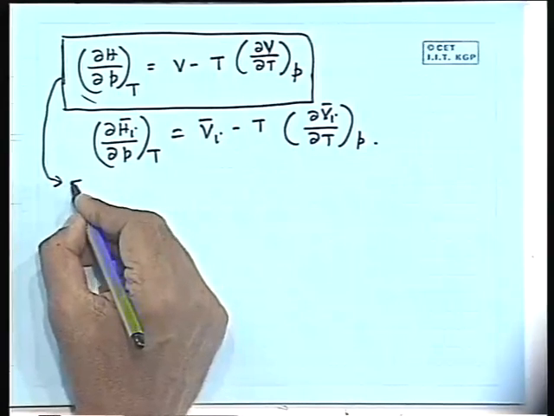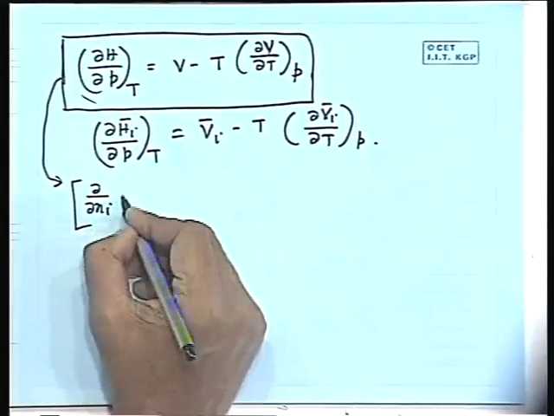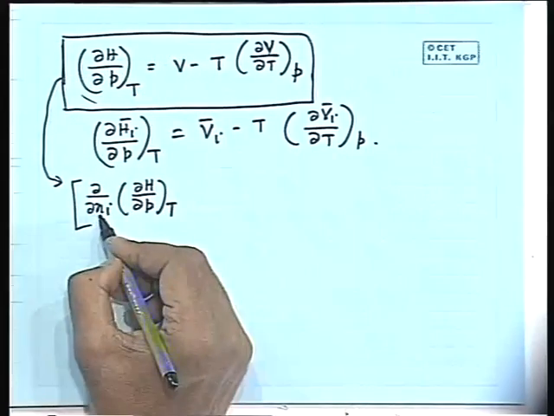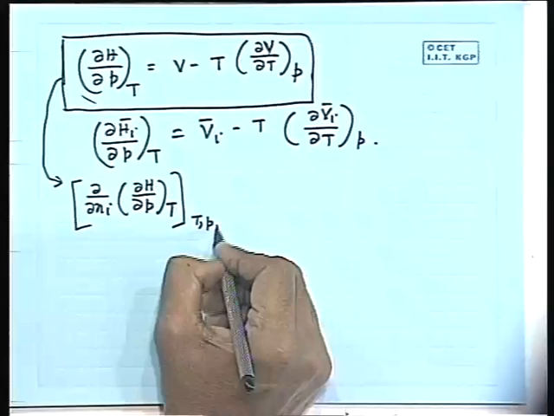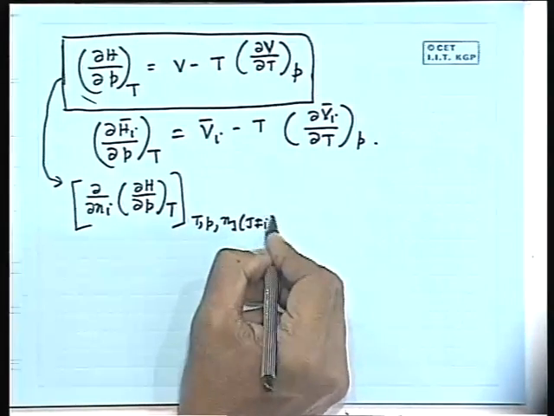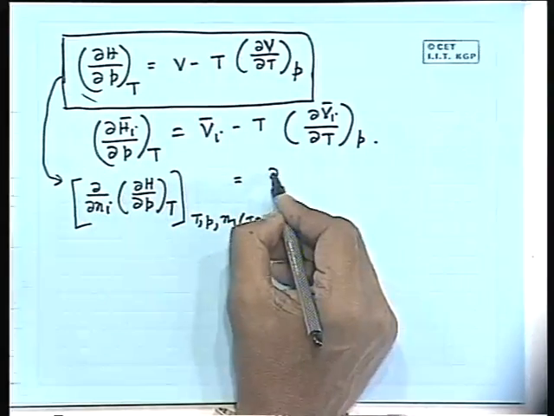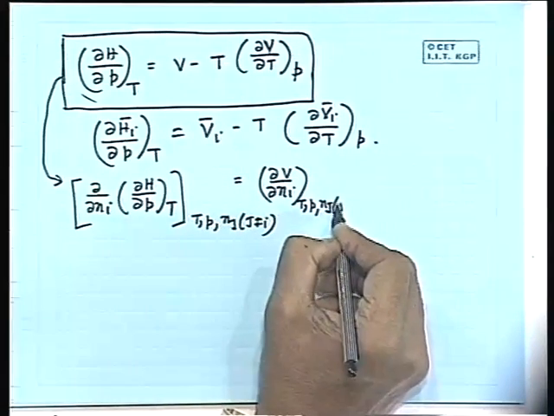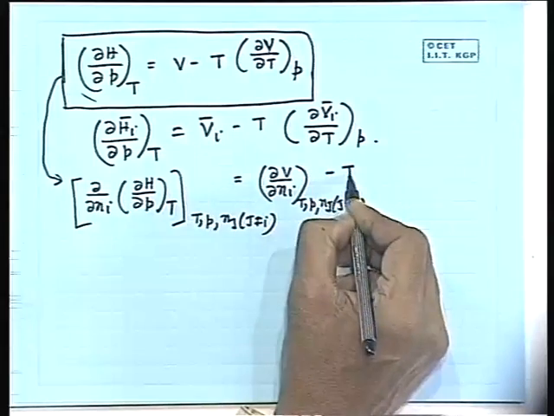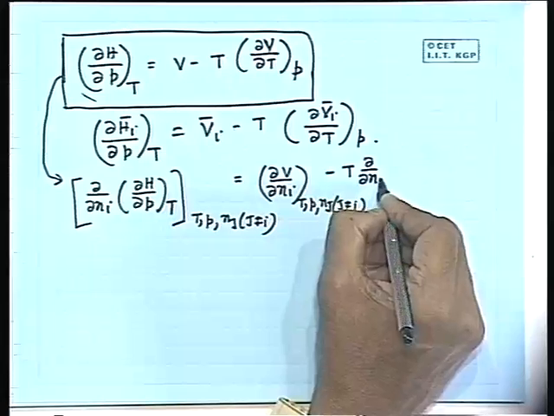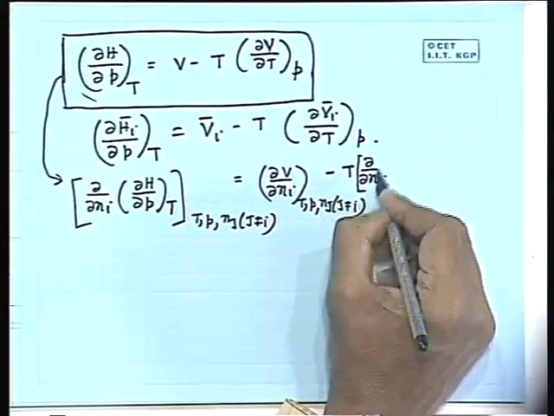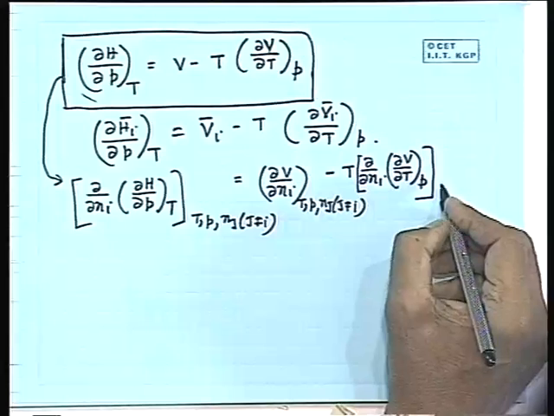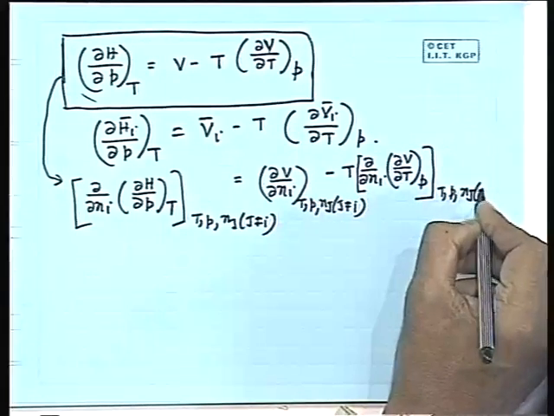That means we take del del Ni at constant T and P of this term, del H del P at constant T. That means this term we are differentiating with respect to Ni at constant T, P and Nj, j not equal to i, is equal to, now this side also we will differentiate del V del Ni with respect to Ni at constant T, P and Nj, j not equal to i, minus, at constant T and P, del del Ni of this term, del V del T at constant P, at constant T, P, Nj, j not equal to i.